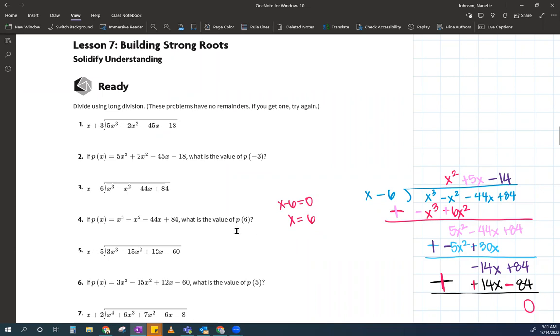Okay, so what is the value of P of 6? Well, it's the remainder. So I'm going to write here, it's just my remainder, which they actually told you in the very beginning, it's going to be 0. But that's good because then we reviewed this whole thing. So one more time, when I divide and it comes out to be a 0, the fact that this is a 0 says, hey, you are a factor.